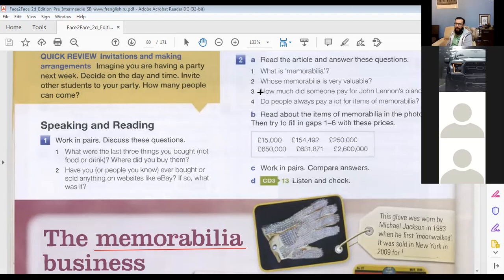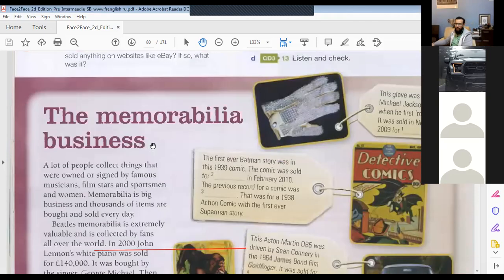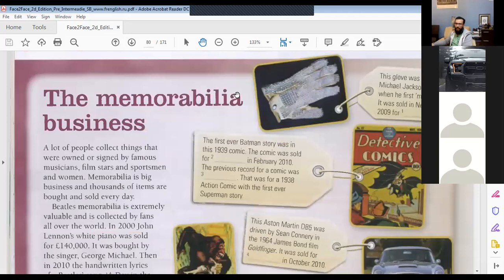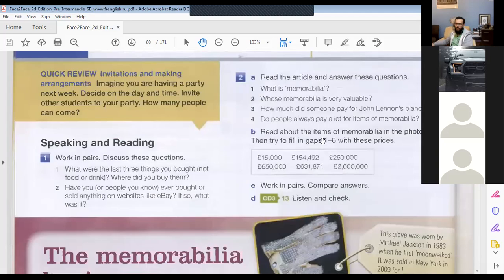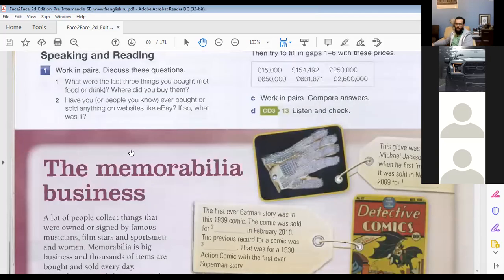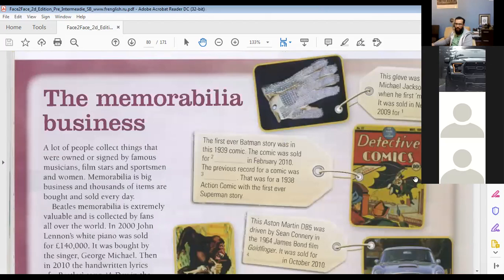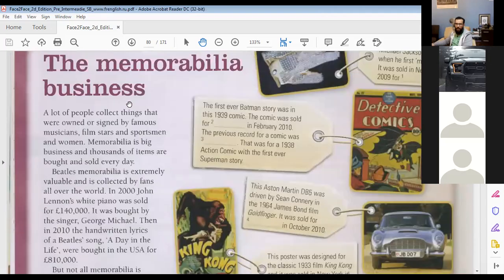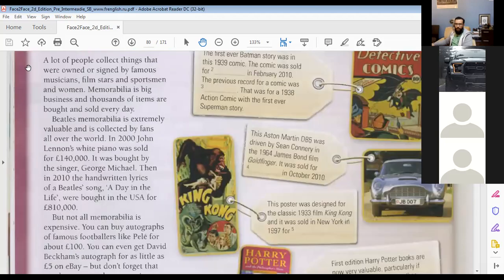So now I'd like you to read this interesting article. Let me just scroll down the page. Take a few minutes. Just read the left side. You don't have to read the right side. You can start here, with "A lot of people."